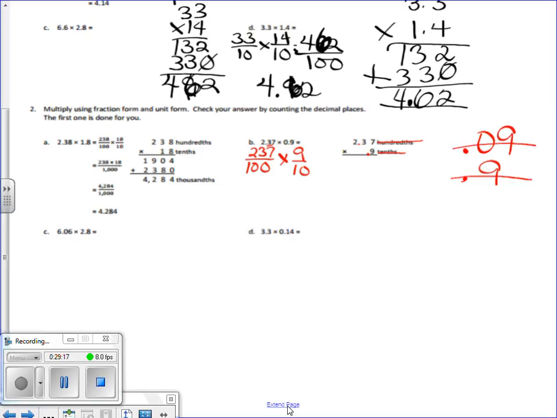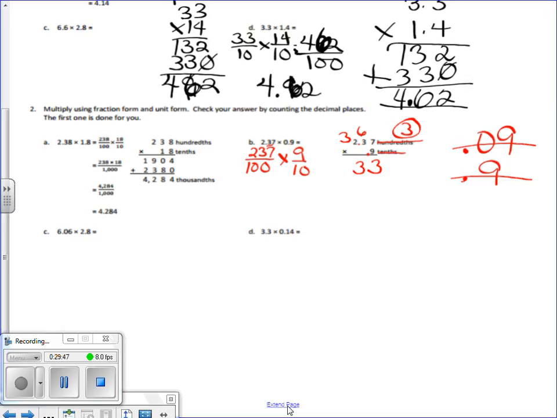So on this, how many places will you have to move in your decimal? 3. Because you've got 2 here and 1 here. Moving your decimal 3 places in your final answer. So this would be 63. This is 27. Plus 3 is 33. This is 18.